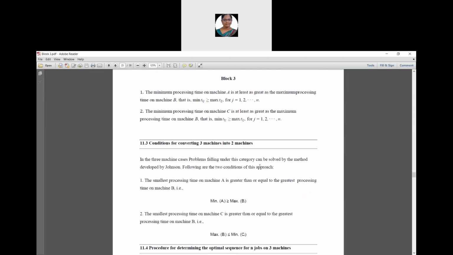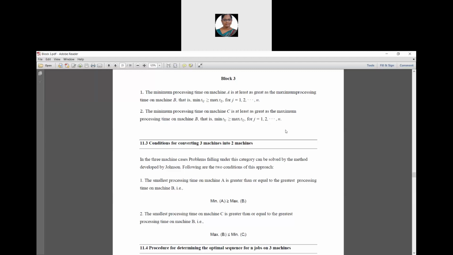The second condition is the minimum processing time on machine C is at least as great as the maximum processing time on machine B, that is, minimum T3 is greater than or equal to maximum T2. In other words, the minimum duration of the first machine is greater than or equal to the maximum duration of the second machine.